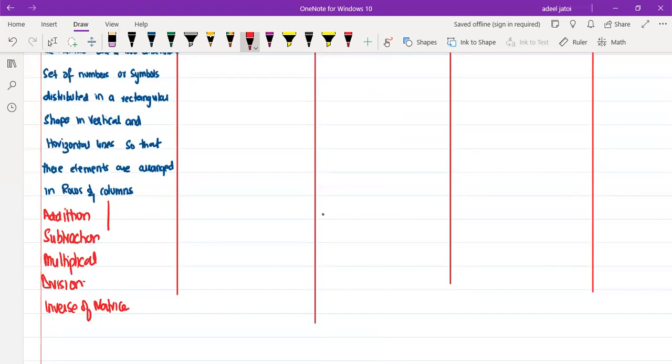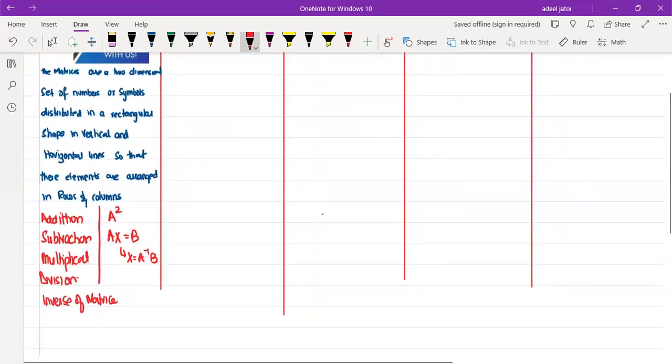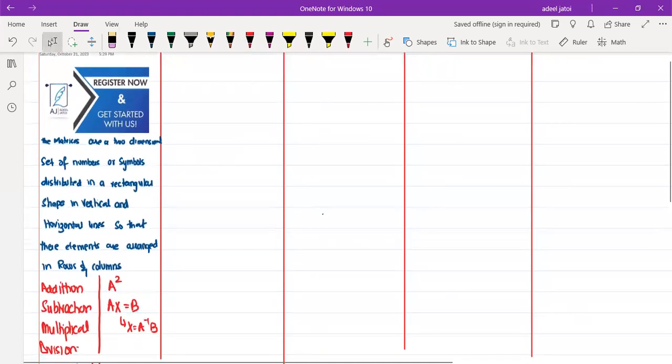Then we have matrix of A square. Then we have AX is equal to B, which will be known as X is equal to A inverse B. So these are the forms of matrices that will be asked in the examination.